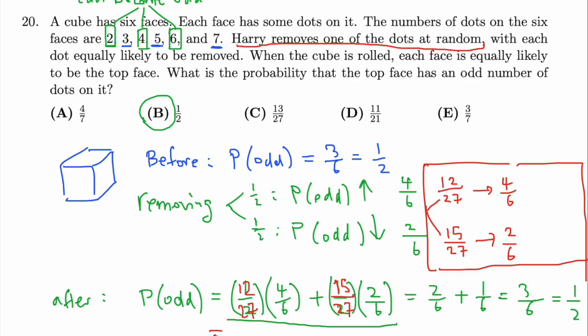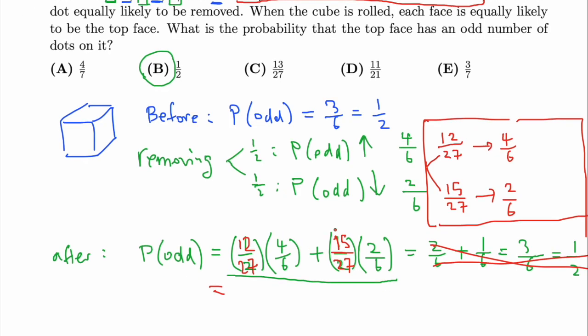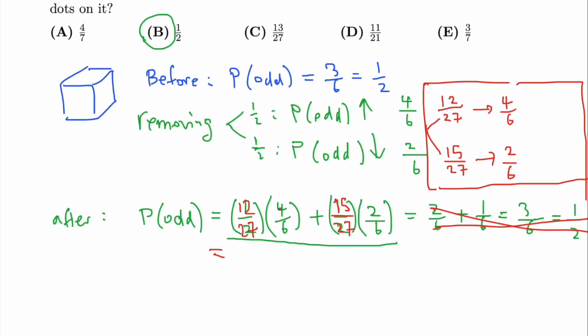Let's just cross that out. So 12 out of 27 times 4 over 6. We can do 12 divided by 6 first. 12 divided by 6 is 2. 2 times 4 is 8. So that will be 8 over 27.